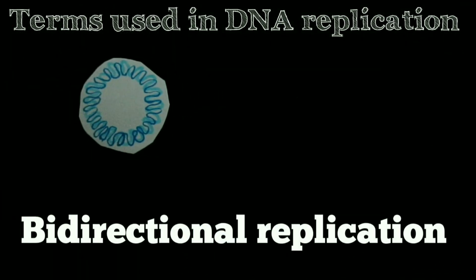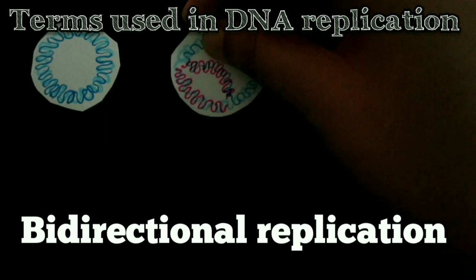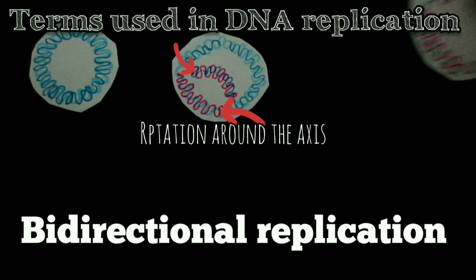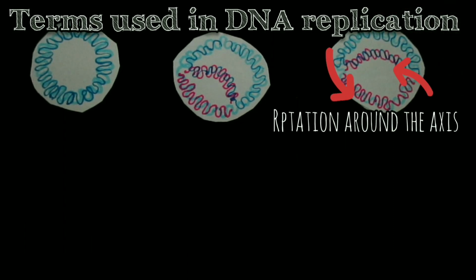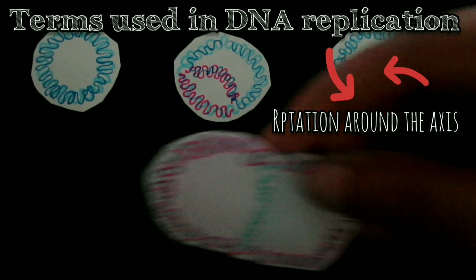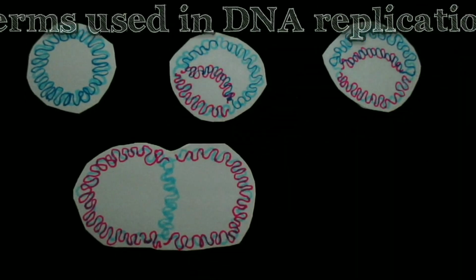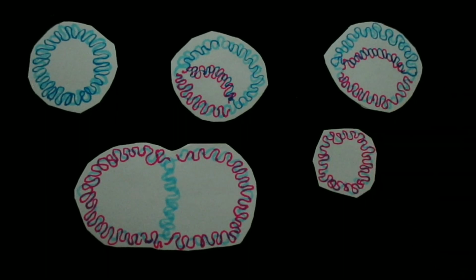When DNA untwists, as in a circular chromosome or replication starting within a linear chromosome, there are two replication forks. Two Ys join together at their top to form a replication bubble. In many cases, each replication fork moves so that bidirectional replication occurs.